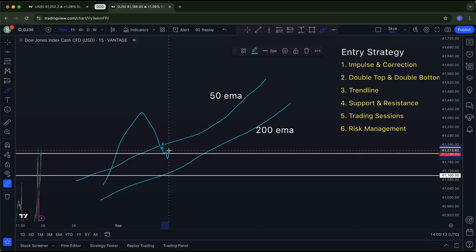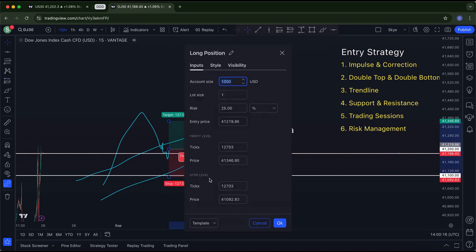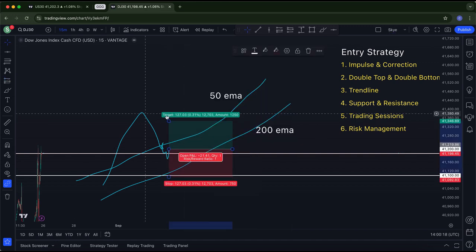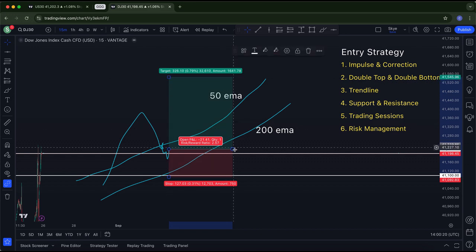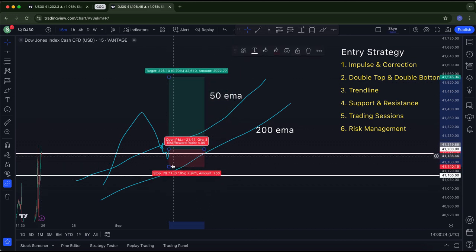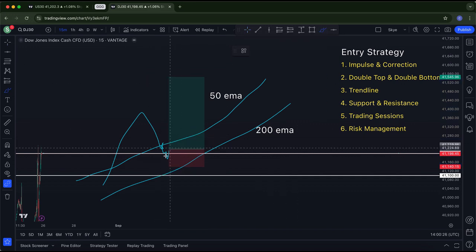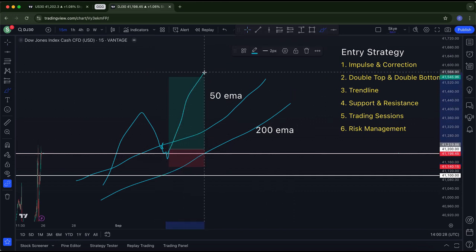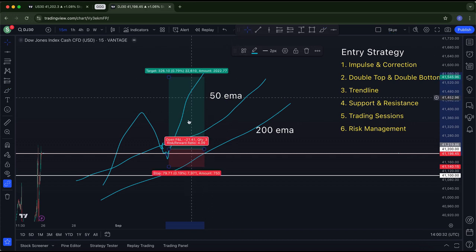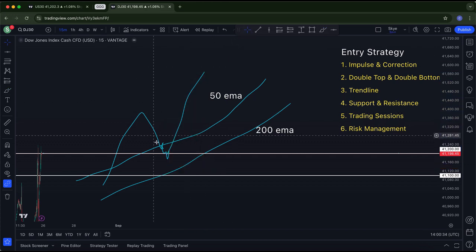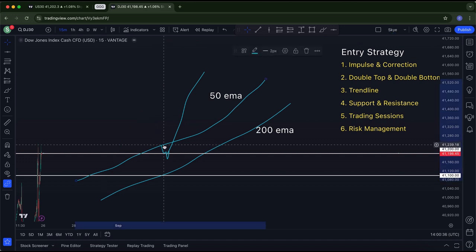Now after closing above, you now set your buy order, in the hope that the market will now continue the impulse. So that's for a buy setup. Now let me give you a scenario for a sell setup.